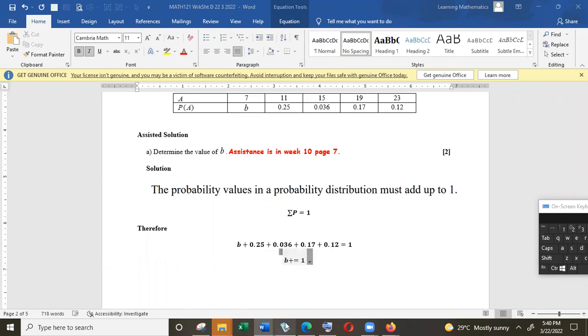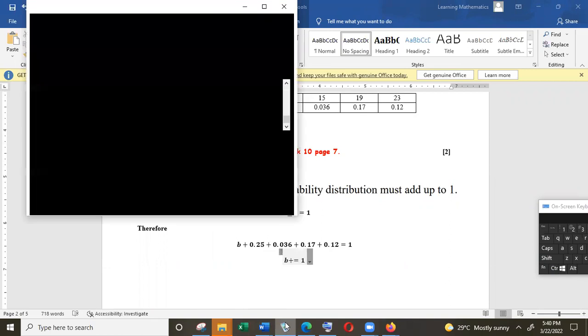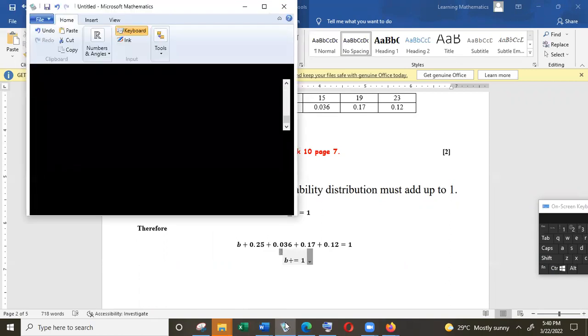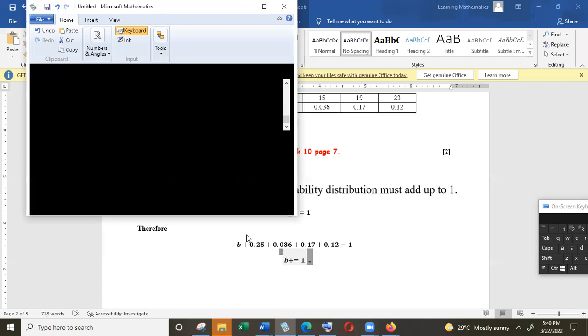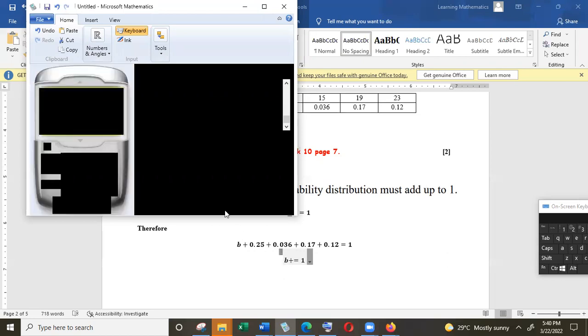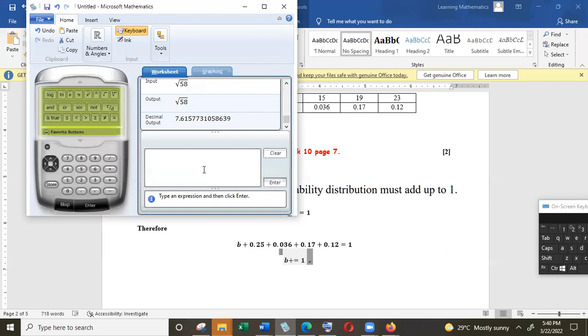So we find the total of the existing probability values. I repeat, we find the total of the existing probability values from 0.25 to 0.12.